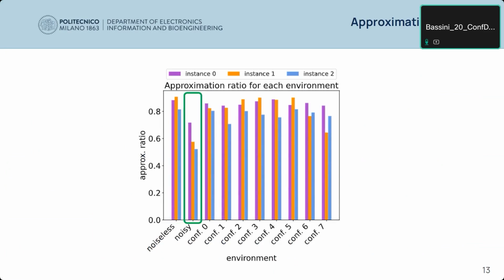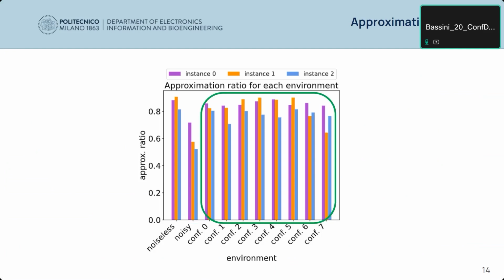Now let's introduce noise without any kind of mitigation. As you can see, the approximation ratio reduces considerably because of the effects of noise and errors in the computation. Then we test different configurations of ZNE, so error mitigation, and we see that all of them achieve a better accuracy, in the middle between the noisy case and the noiseless one, which is what we expected.